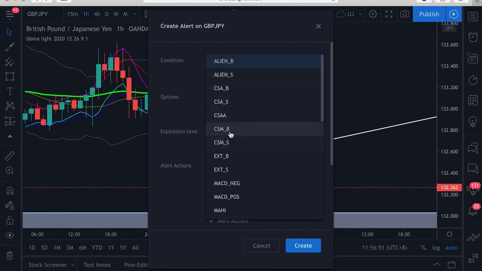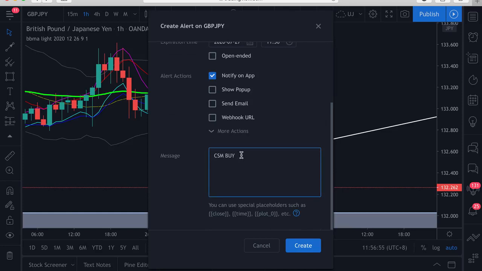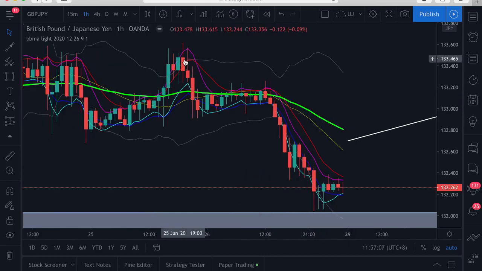Okay, CSM buy at H1, sorry, EMA 50. Oops, sorry, it's not H11. There's no such time frame. Okay. So GBP/JPY we're going to buy and we wait for our signal.